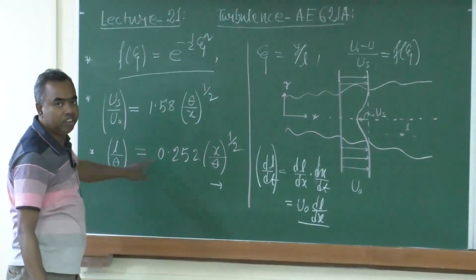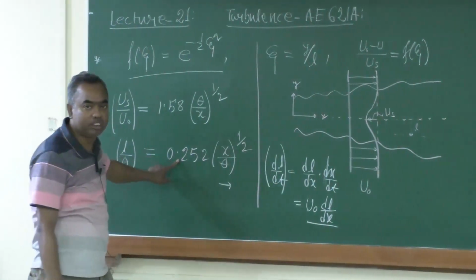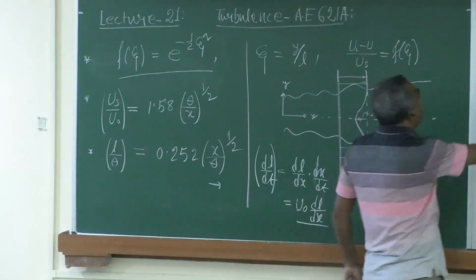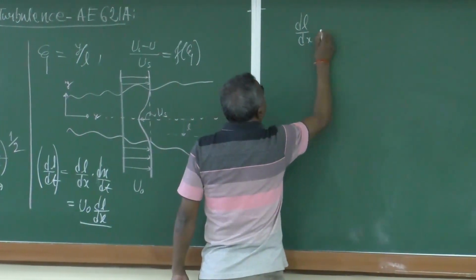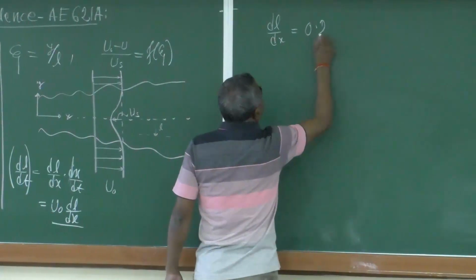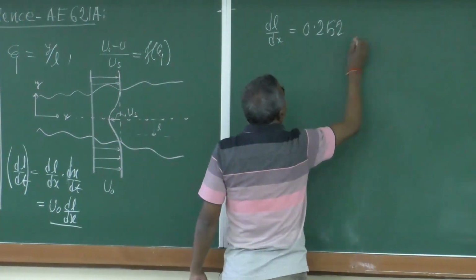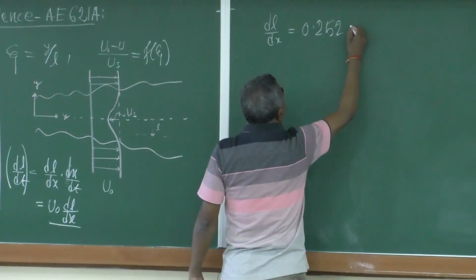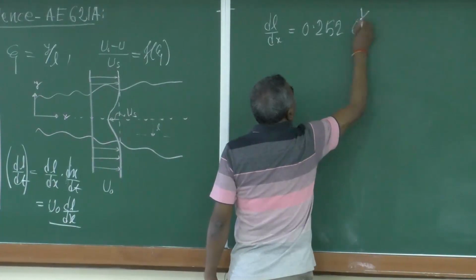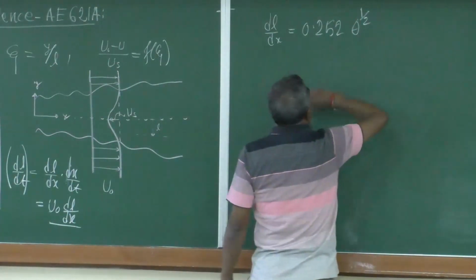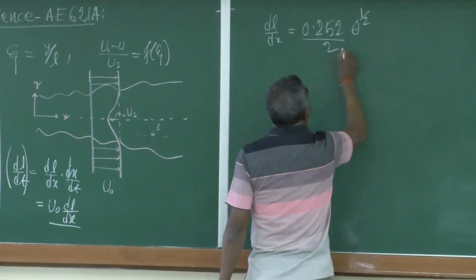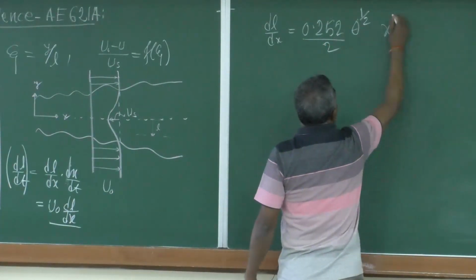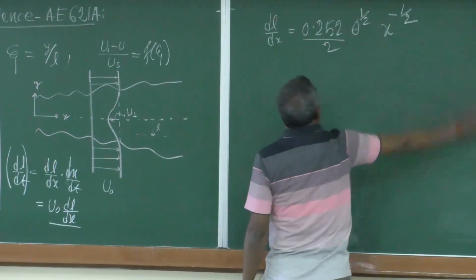If we differentiate this equation with respect to x on both sides, what do we get? We can write dl dx equals 0.252, this is going to be theta to the power half, divided by 2 will come here, and x to the power half.